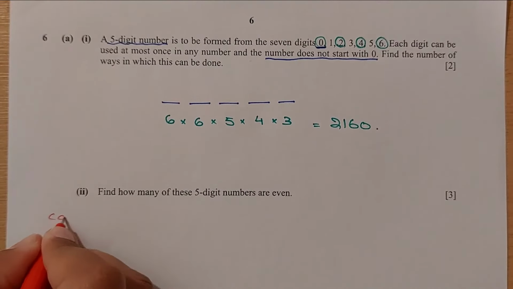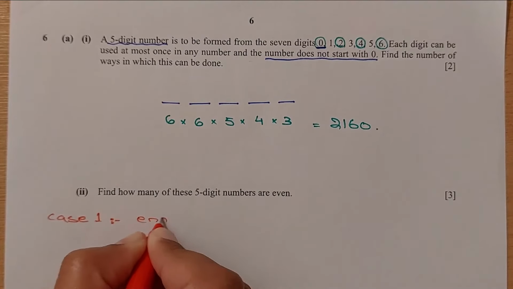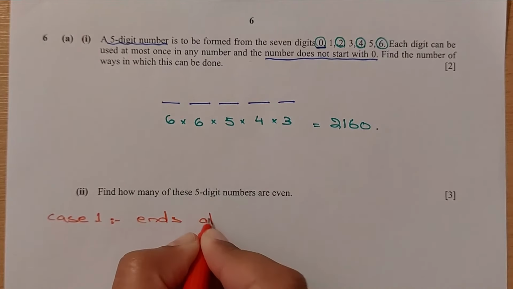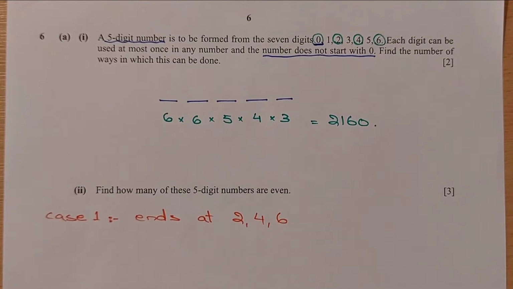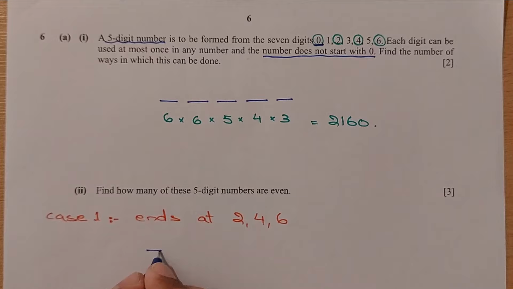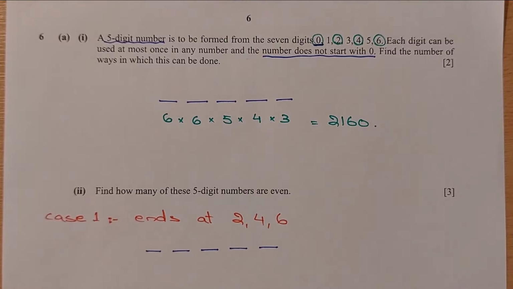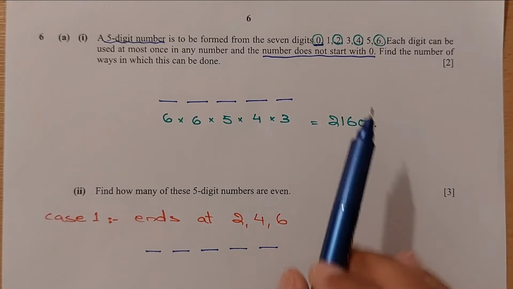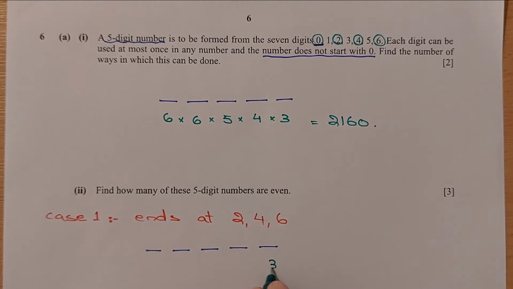Case 1: the number ends at 2, 4, or 6. A 5-digit number 1, 2, 3, 4, 5. It is even, so the number must end in an even digit. The even digits are 2, 4, and 6. For the last digit we have 3 options.